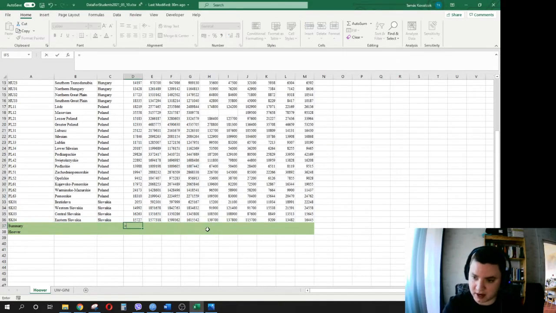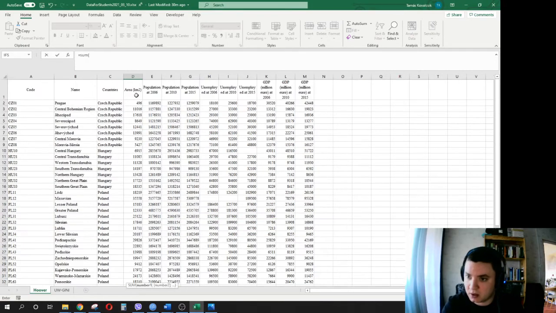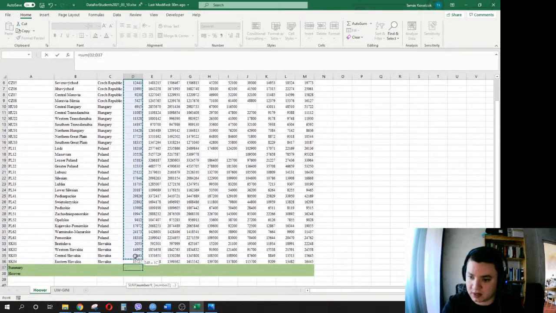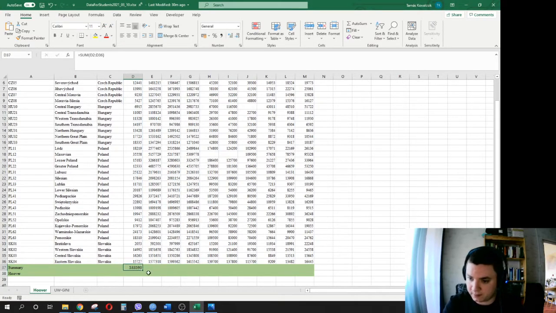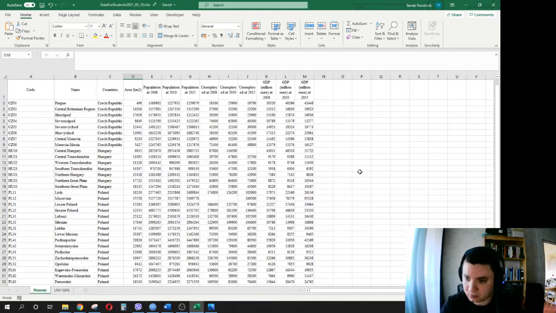Sum, equal sign, and sum, select all of the data and grab it to all of the cells. Just make the summary of all of your variables.